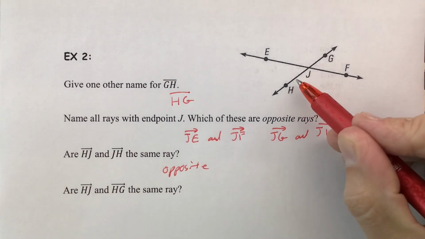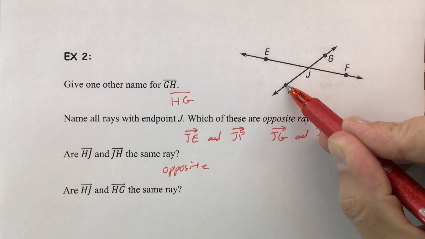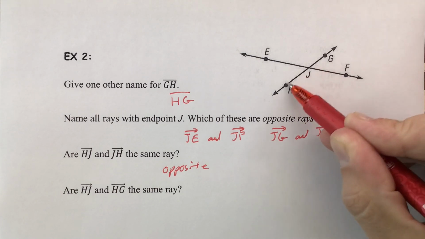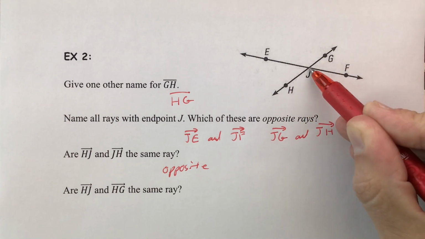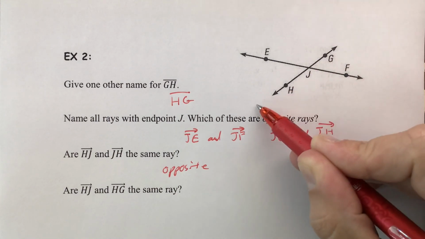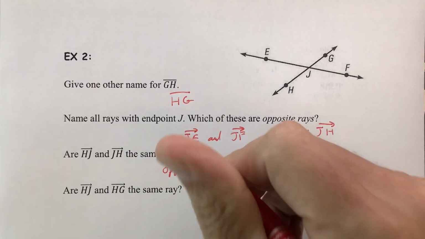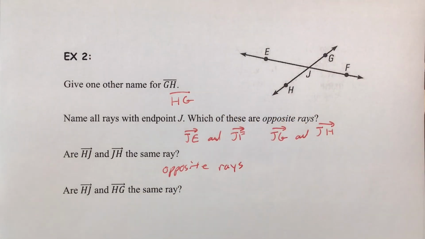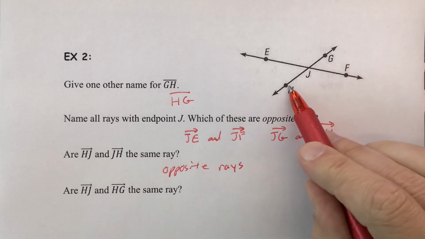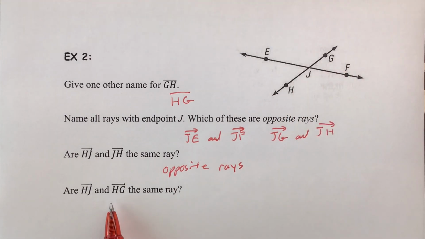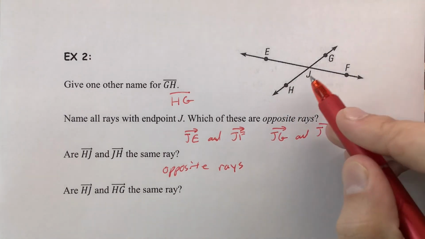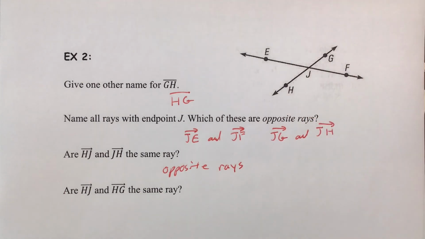So you'd have one start at H, heading in the direction of J forever. The other starting at J and heading in the direction that way forever. So those would be considered opposite rays. Now HJ, which we just looked at here, starts at H and heads in the direction of J. And HG and HG, are they the same ray?